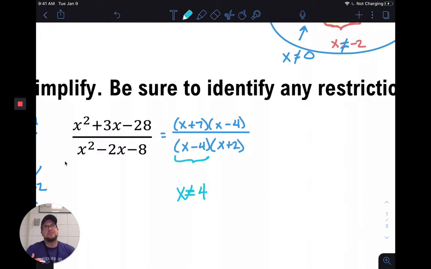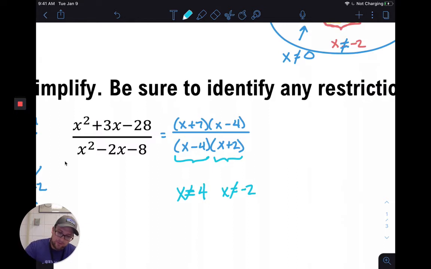The thing about fractions is I don't care if the top is equal to 0. It's only if the bottom ends up being equal to 0 that we have an issue. That's why we're only worried about the denominator. The number that would make that term equal to 0 is if x was equal to a -2. So we're going to not allow that to be possible. Right? That's what we mean when we say restrict the domain.